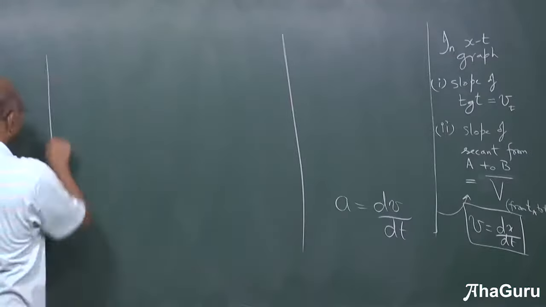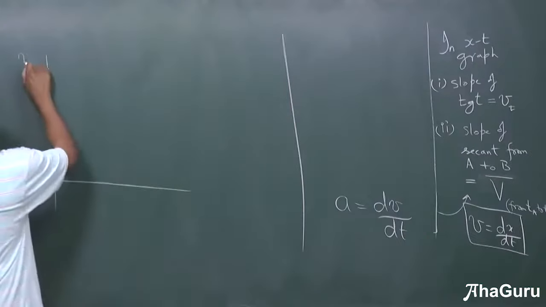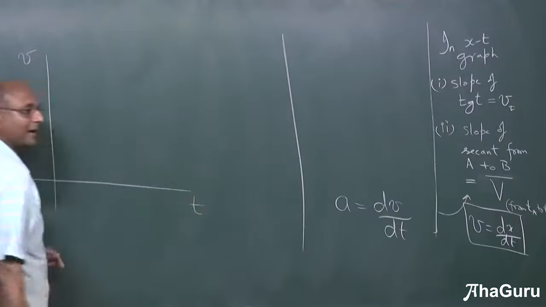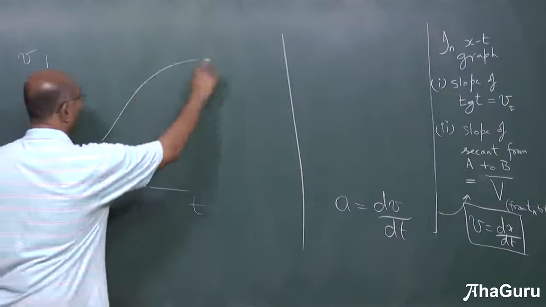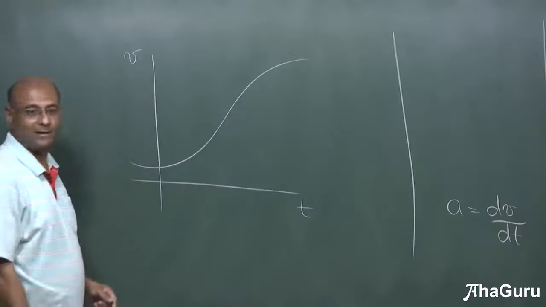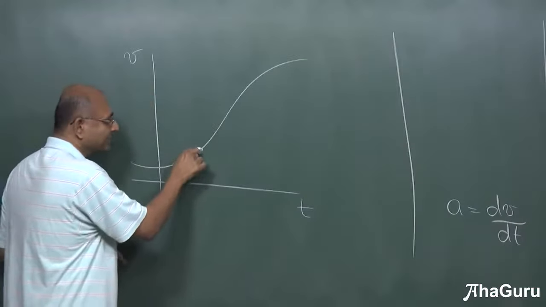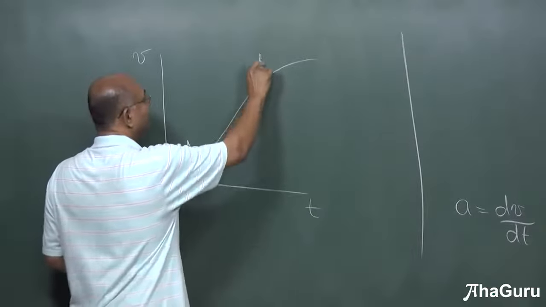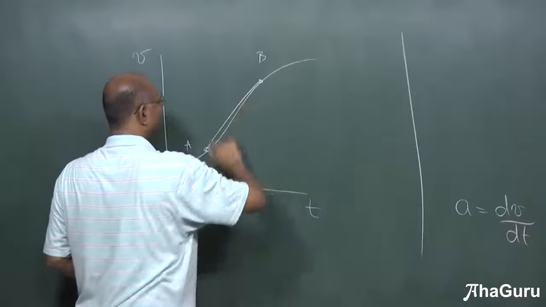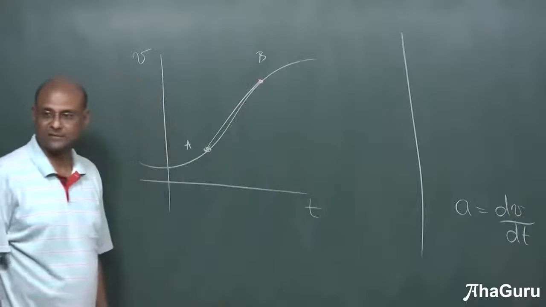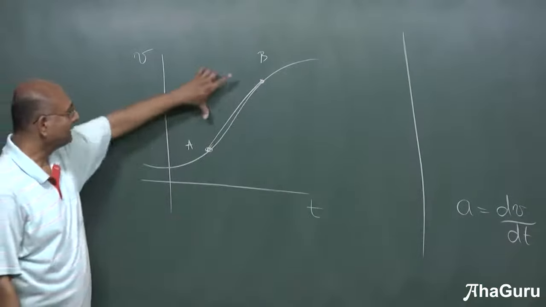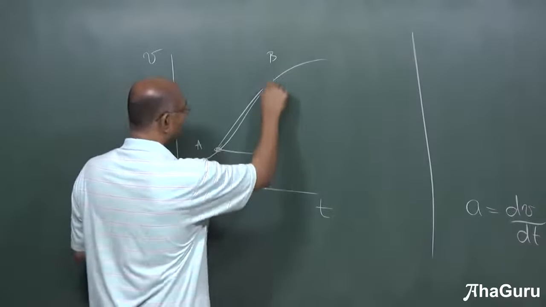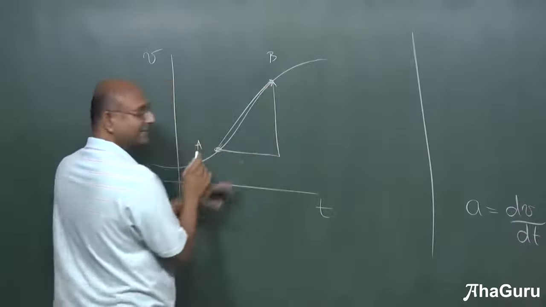And like we did for xt, I can draw a velocity time graph. If I told you the velocity time graph went like that, and you want the acceleration at this point, if I picked A and I picked B and found the acceleration for this time interval, that will basically be how much was the change in the velocity.